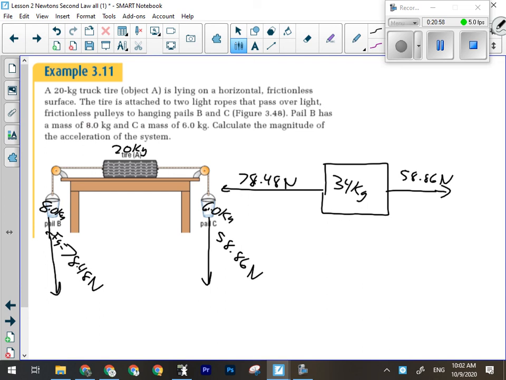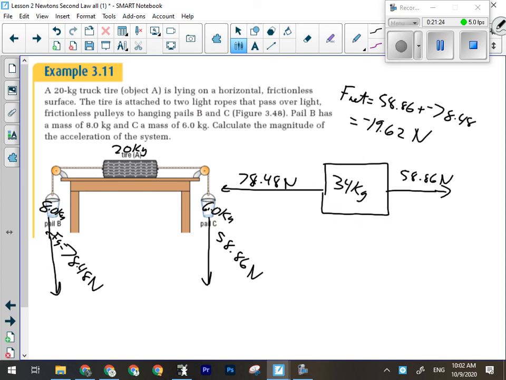I can calculate net force, and I should do that. It's one of the most important things I can have in a Newton's second law question. So we'll have 58.86 plus negative 78.48. I'm just saying that because it's to the left, and left is usually negative. So we're going to have negative 19.62 newtons.